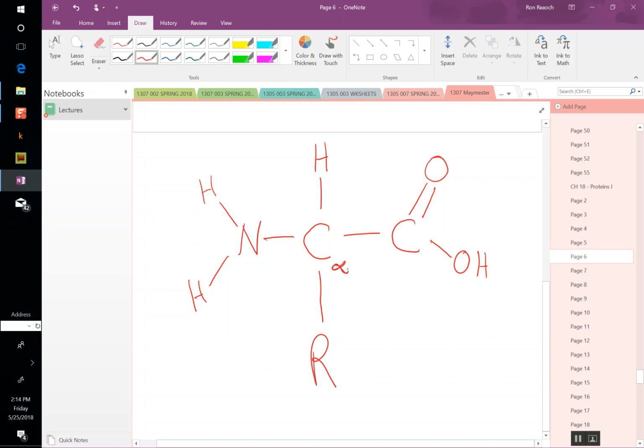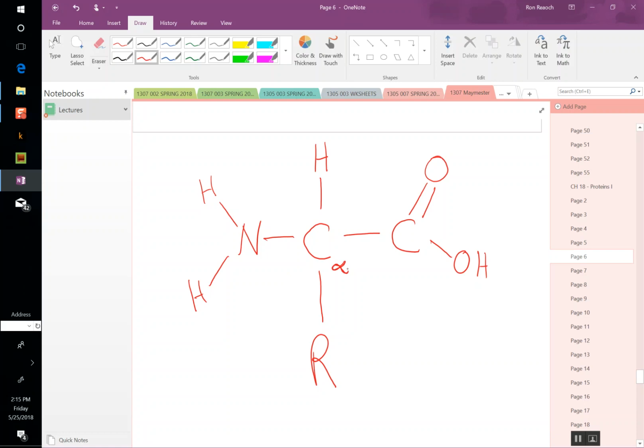Here's your carboxylic acid. And earlier on in chapter 14 I said, just be familiar with the fact that there is another naming system where rather than saying this is carbon number 1 and that's carbon number 2, we would start here and say this is the alpha carbon to that carboxylic acid, and then if we had more carbons it would be alpha, beta, gamma, delta.